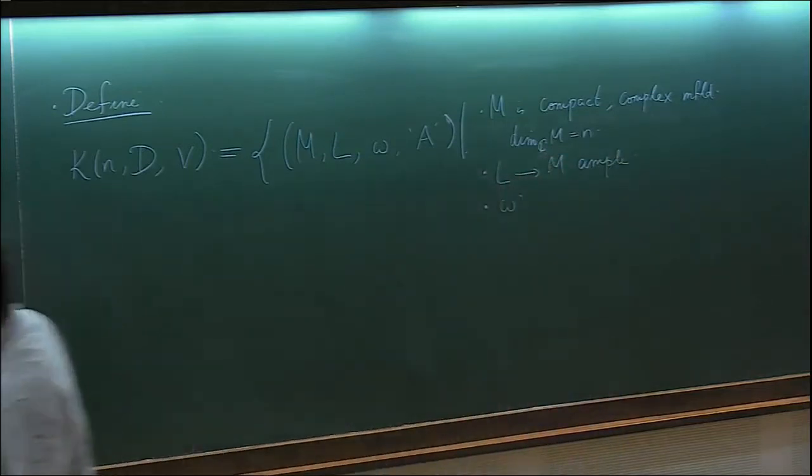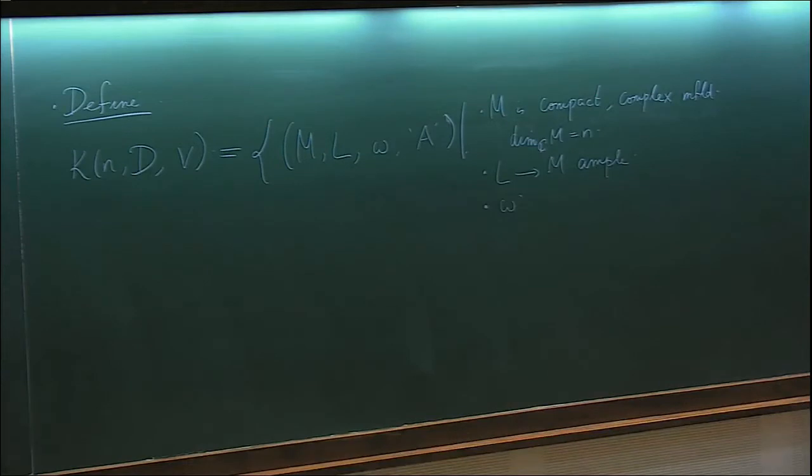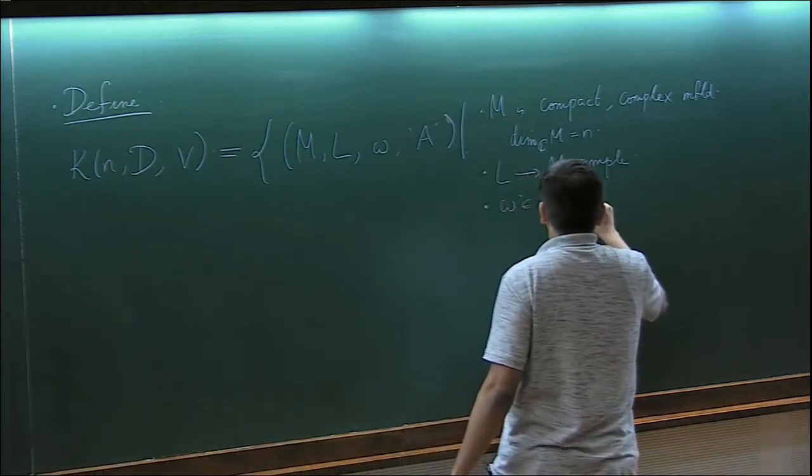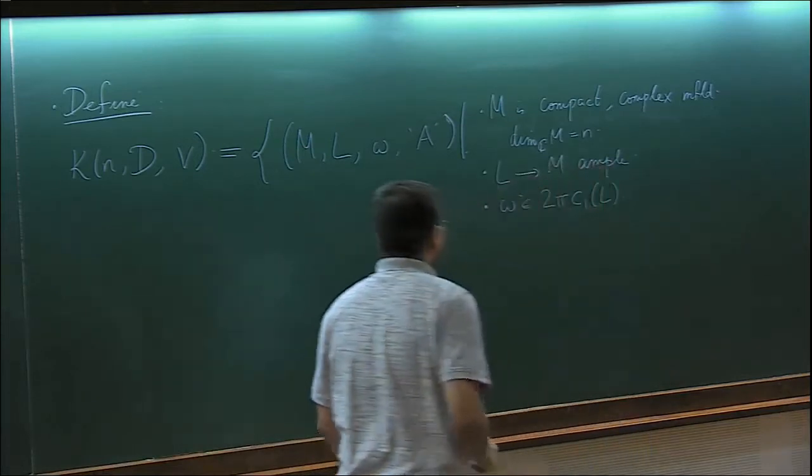Omega, so if you look at this definition of omega, this is actually the representative of 2 pi times the first Chern class of L, right? So I want this compatibility condition to hold, so omega should be in 2 pi c1 of L.